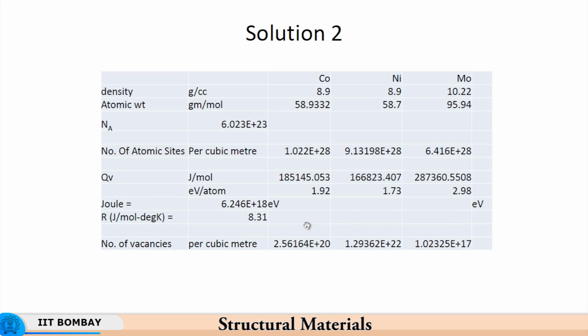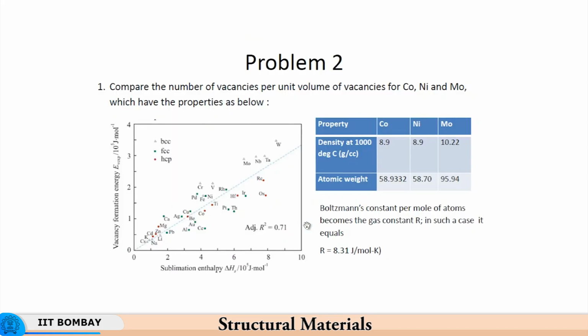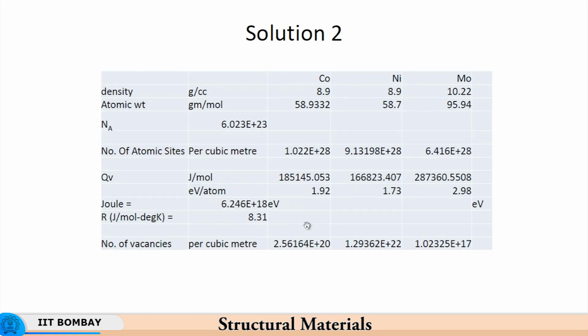Based on the data given here, what we need to find is the NV, which is N naught exponential minus q by RT. So N naught is this, the number of atomic sites, times exponential minus q by RT.